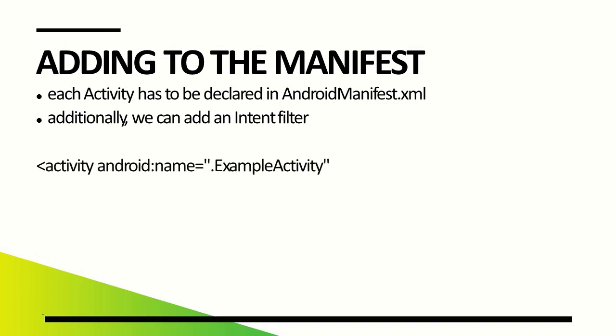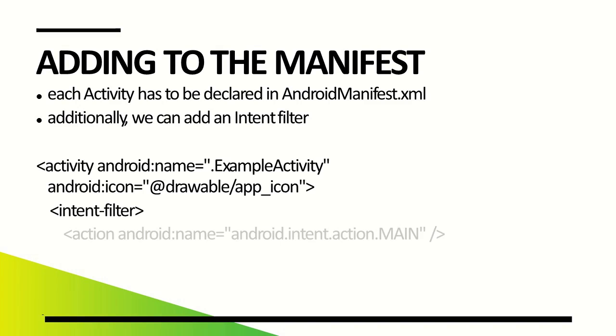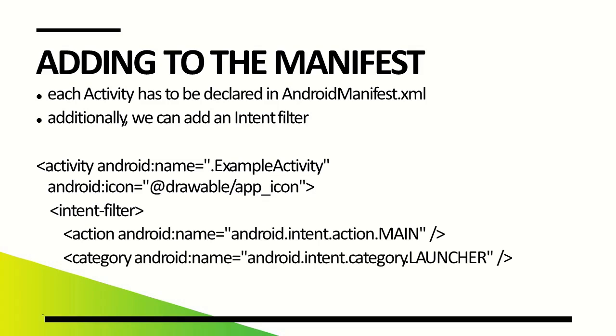If we want to add an activity to Android Manifest, we should create a new section activity, specifying its name. Additionally, we can specify a label, that is, the displayed name, as well as an icon.